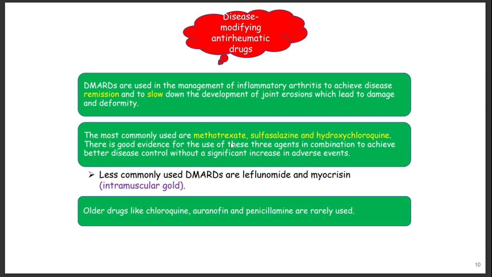Just remember at least methotrexate, and then think of hydroxychloroquine, or just think of chloroquine itself, because we've been hearing about chloroquine a lot, isn't it? Just put hydro in front.